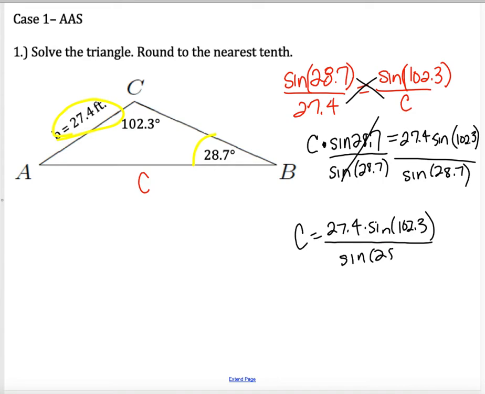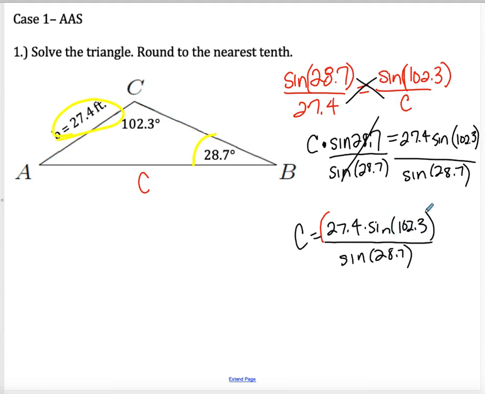Now I'm going to give you some suggestions here to get the right answer. You either need to start with an open parenthesis, type 27.4 times the sine of 102.3. Your calculator opens this parenthesis for you.